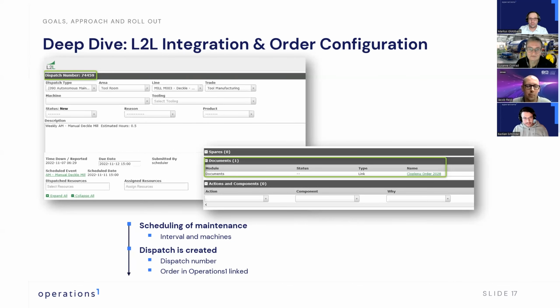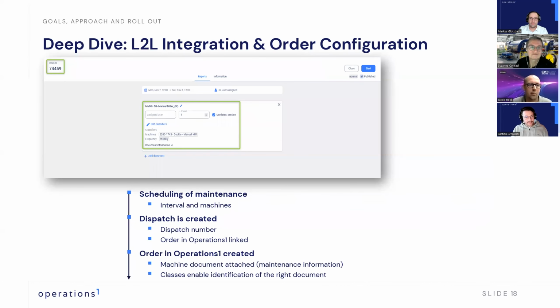On the next slide, we can see the link from the dispatch in Leading to Lean to the order in operations 1. We again have the dispatch number. So for the worker, it's very easy to identify the right order because the dispatch number from Leading to Lean matches the one in operations 1.